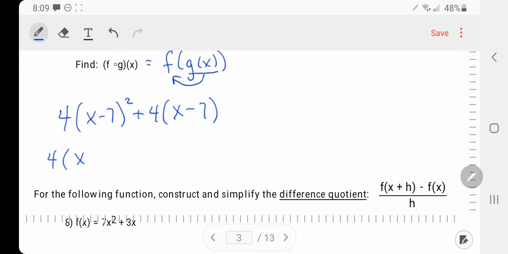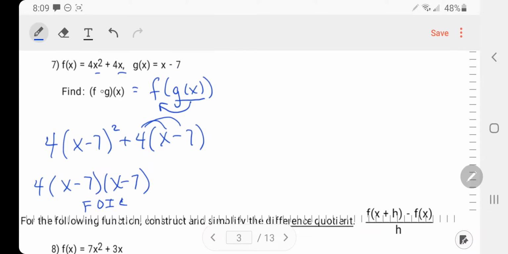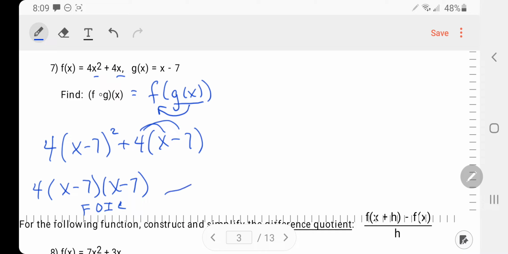So (x minus 7) squared means x minus 7 times itself, which is going to indicate the FOIL method. And the 4 here can distribute, all right? So up here, bam, we're going to continue that out. All right, so I'm not perfect, I'm sorry.